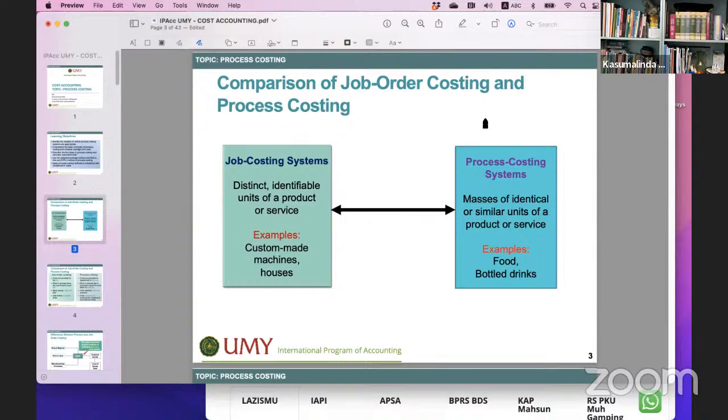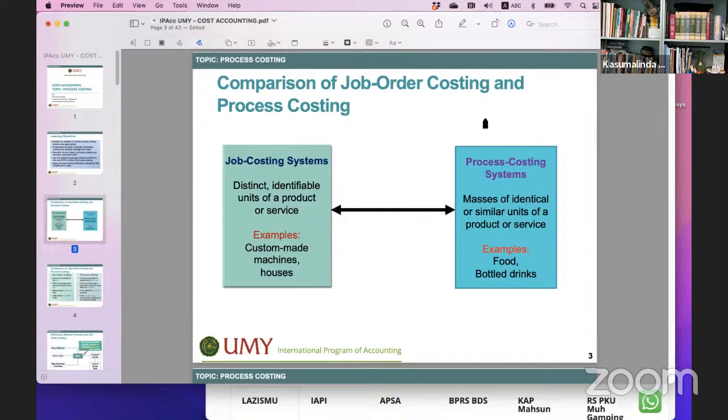For example, the production of cooking oil in bottles, bottled drinks, where they go through the same process in different departments. Let's say, for example, they have two processes. They need to go through the first process, and then after completing the first process, they go to the second process, and the processes are identical for each product. Each product, at the end of it, becomes the same product.